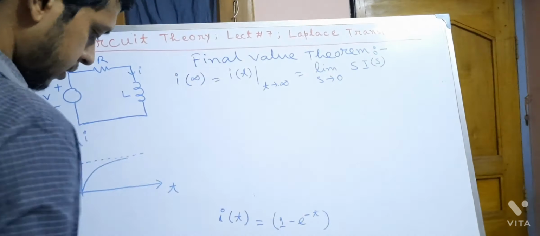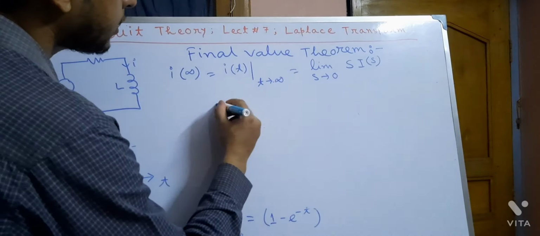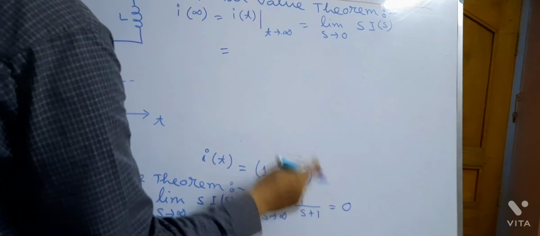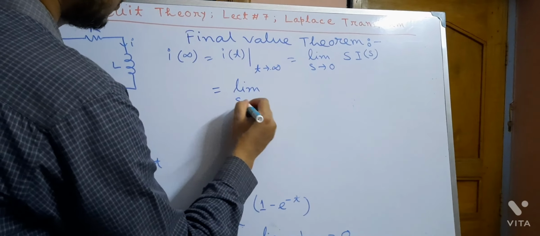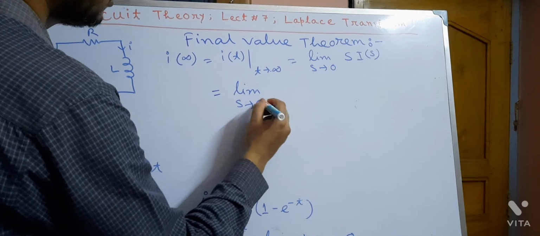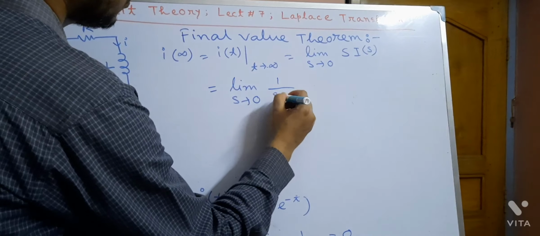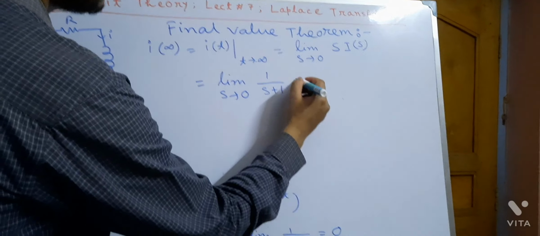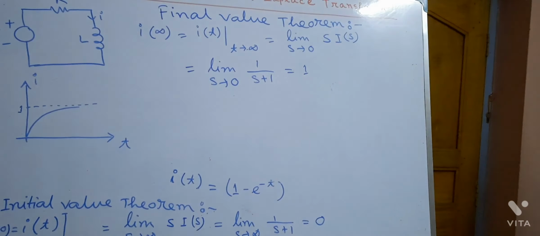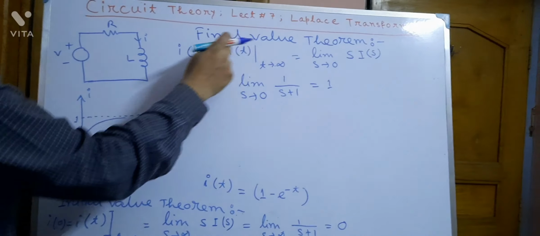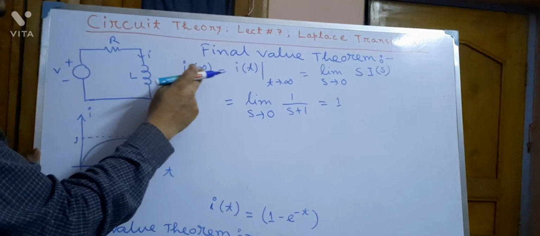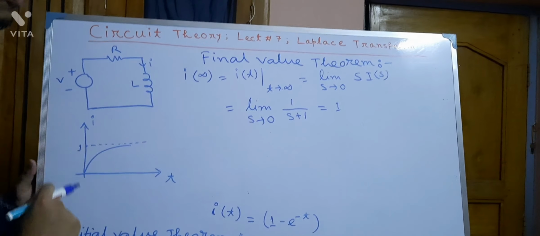Here s into I(s) is equal to 1 by s plus 1. So I(infinity) equal to 1 by s plus 1, which equals 1. Now this was proved already, that the final value of I, that is I at infinity, is equal to 1.